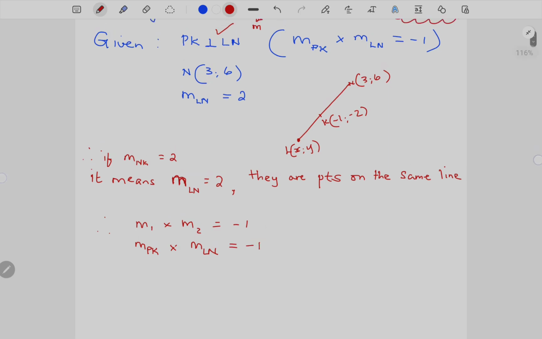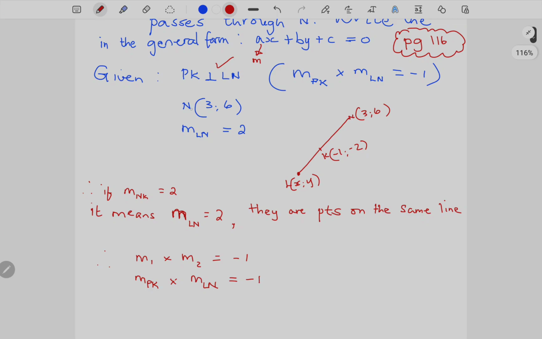Okay, so what else is given? We're given that this point N is (3;6). These are the coordinates that are given. And with the first question 3.2.1, we calculated the gradient of LN is equal to 2. So where is LN? This is point N, this is point L. So this line is LN.